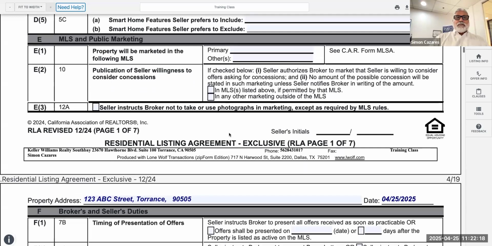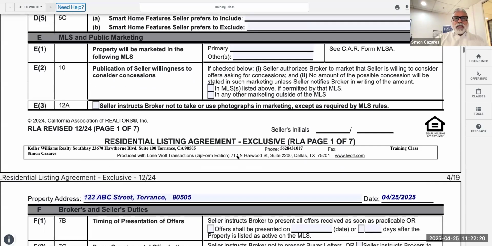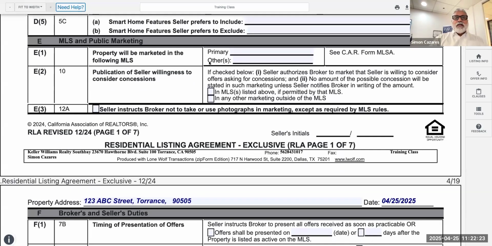Then we go into the MLS and public marketing. Okay, so here on section E1 is who is your primary, right? You may have secondaries and you may be part of many different associations. They're asking where the specific property is going to be put.